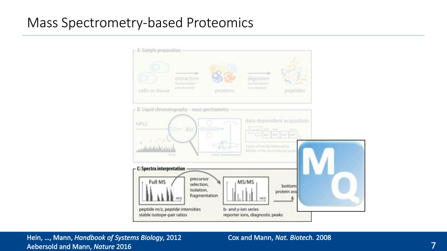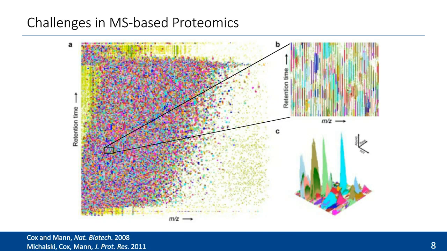So as you can already guess from this workflow, proteomics is first of all a super complex technology. So what you see here is the output of the MaxQuant viewer, and every colored dot represents a single peptide feature in the m/z and retention time space.